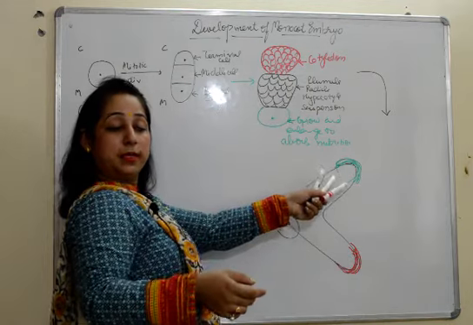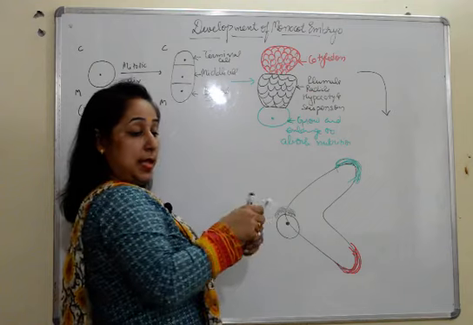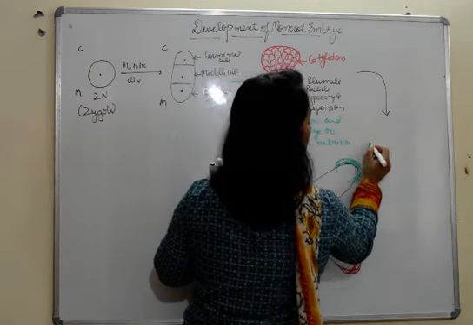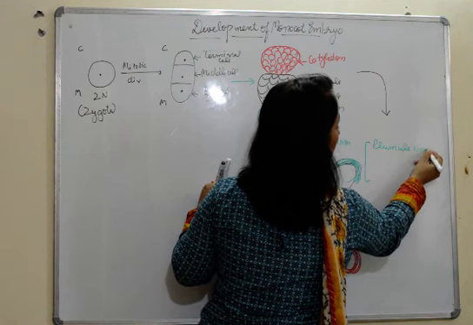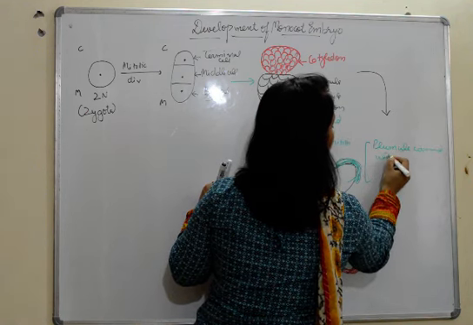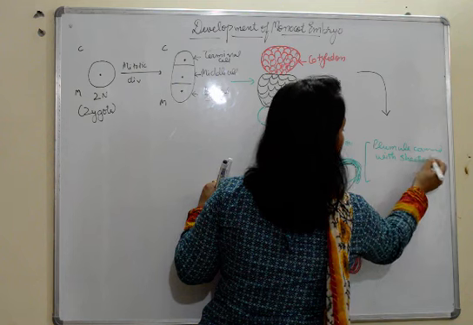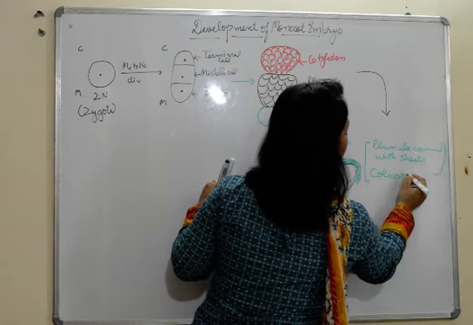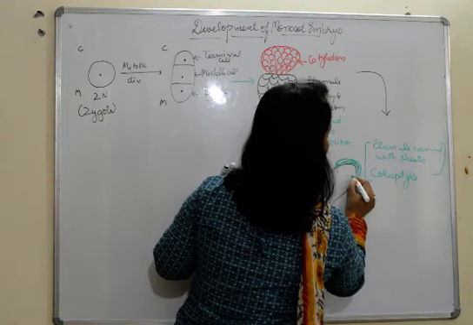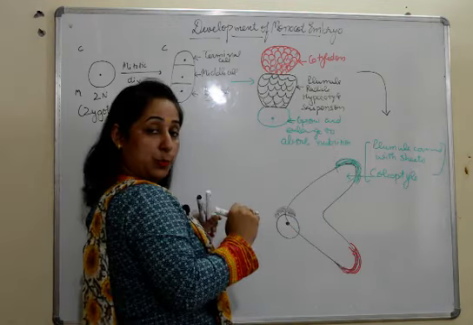So this part of the plumule covered with sheets is called the coleoptile. So this part is the coleoptile.